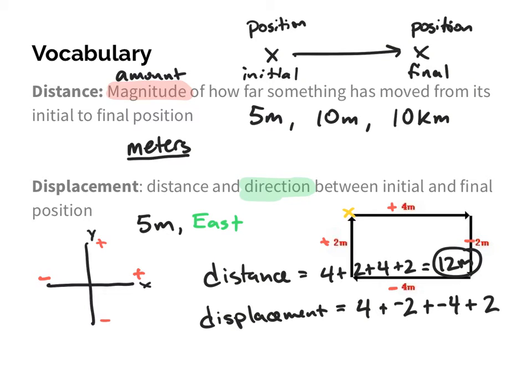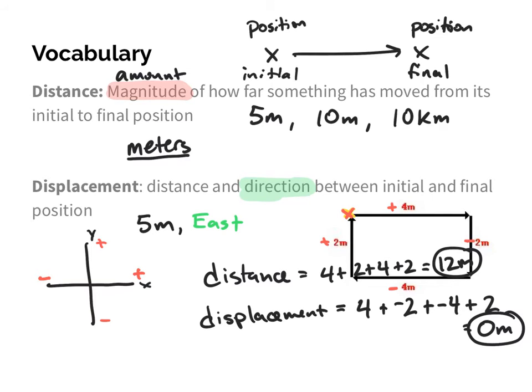And if I add those things up, what I'm going to get is 0 meters. So in terms of displacement, here's what happens. I started here and I ended here. So technically, did I move? And in terms of displacement, because I started and ended at the same spot, I technically didn't move if I'm looking at direction.